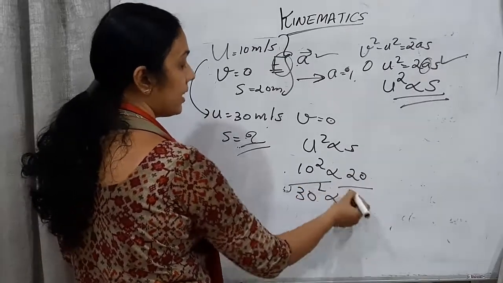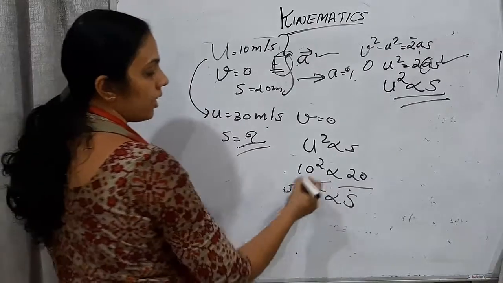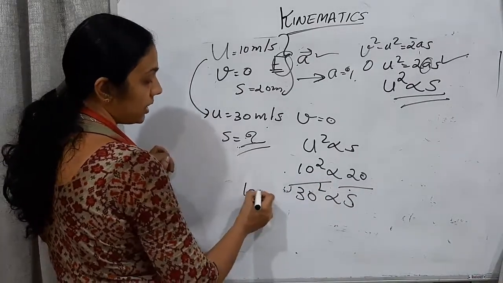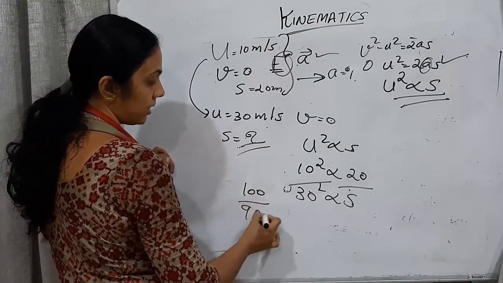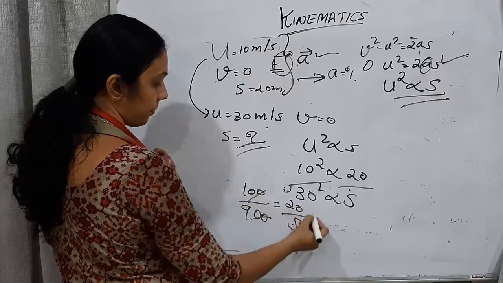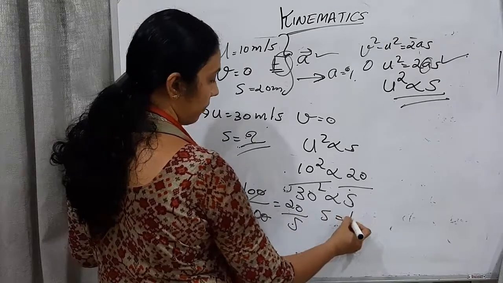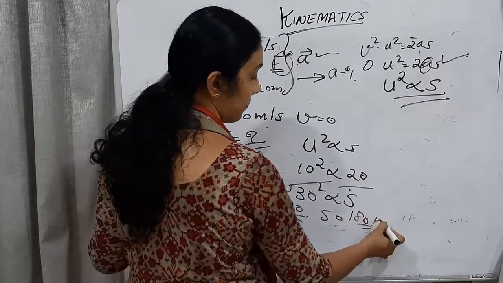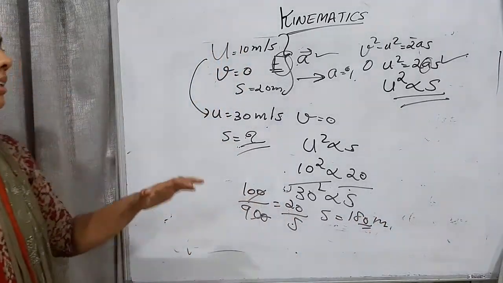So 100 divided by 900 is equal to 20 divided by s. So here it will be 180 meters. Okay, clear how we are finding it out?